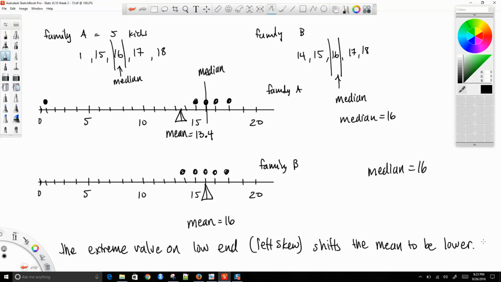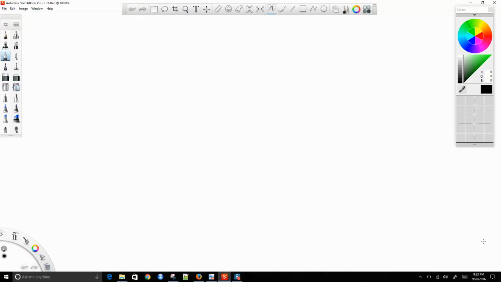Okay, all right, so let me just give you some brief directions on finding the median. Okay, first step, the most important step, is arrange your values from least to greatest.